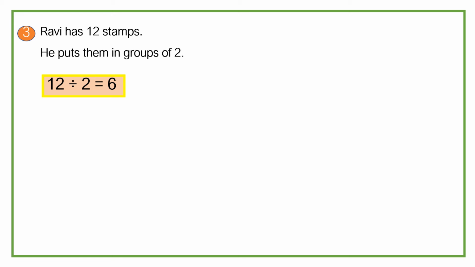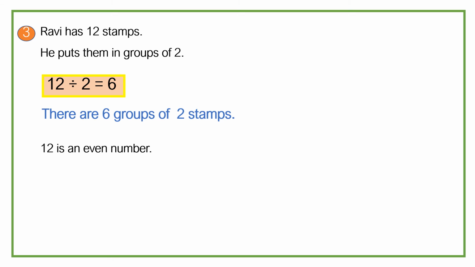So, this actually means 12 divided by 2, and that is equal to 6. So, there are 6 groups of 2 stamps. But student, look at 12. 12 is an even number. And we looked at even numbers some time back.